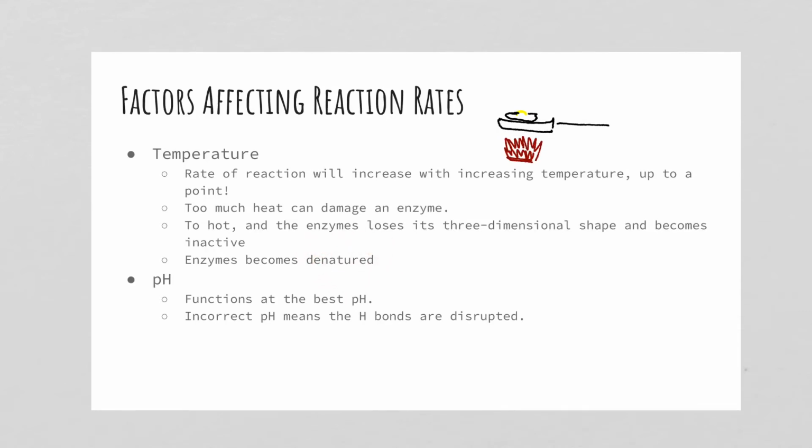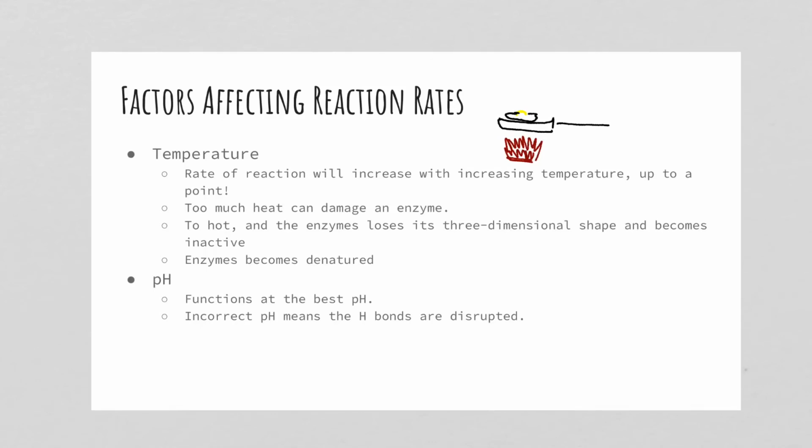Remember, enzymes are proteins, and they're losing shape. Too much heat's going to damage your enzyme. Sometimes you can increase it a little bit to increase the rate of reaction, but you have to worry about how high you get. Too hot, you're going to lose that three-dimensional shape, and you're going to inactivate it.